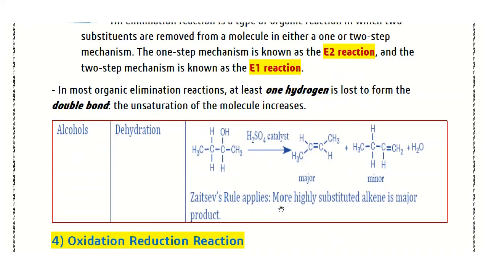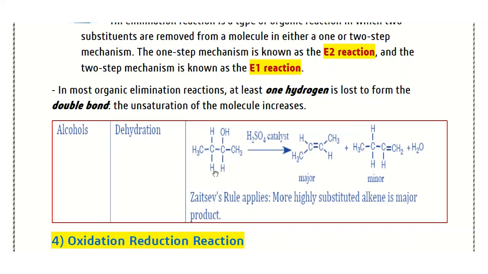In most organic elimination reactions, at least one hydrogen is lost with the formation of a double bond, that is, unsaturation of the molecule. For example, in this reaction you may observe the dehydration of alcohol. Dehydration of alcohol means the removal of H2O from the alcohol molecule.